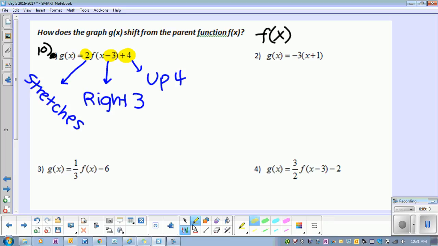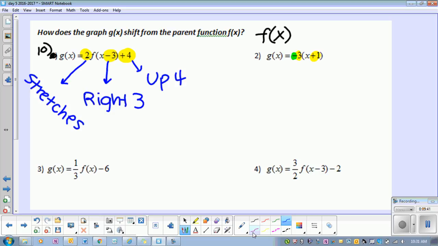All right. So this one, okay, this is a little bit weird, guys. We have a negative. It's not -3, all right? It is a negative and it is a 3. They have 2 separate jobs, okay? So we have a negative and we have a 3 and we have a +1 inside the parentheses with the x.